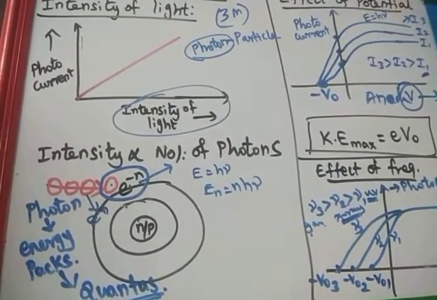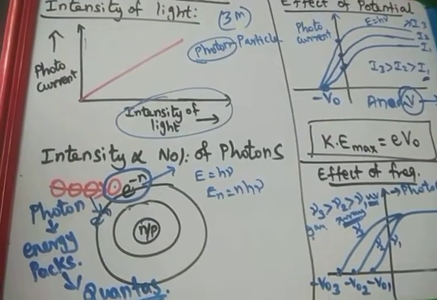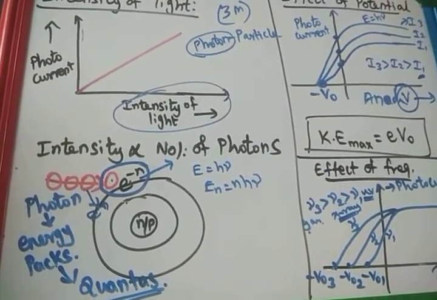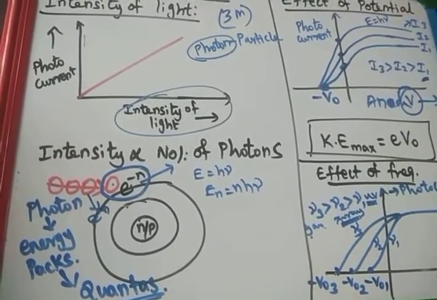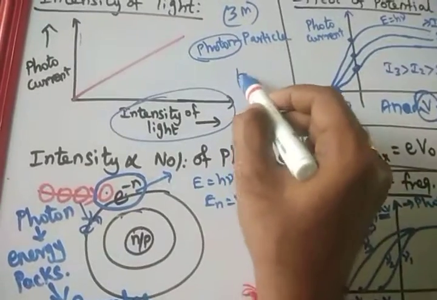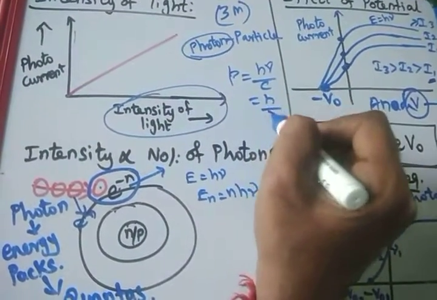Then you should know some main features of photons. Photons, in interaction with material, behave as a particle. So the particle nature of the wave is called a photon. The photon energy is E equal to h nu. The photon momentum is h nu by c, or h by lambda.